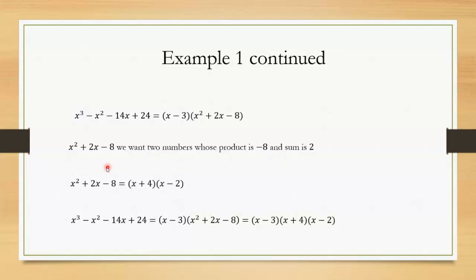Well, 4 and negative 2, right? So we use those. And from here, it follows that we can factor this completely. That is, we can factor it all the way to get this. Okay?